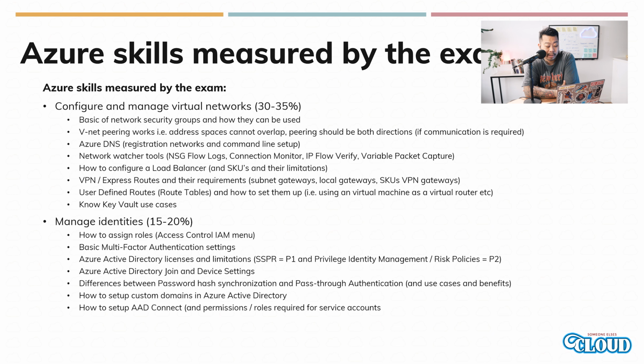And also understand the license requirements around that. SSPR, which is self-service password reset, actually requires a P1 license, and Privileged Identity Management, which is PIM, requires a P2 license. So understand the differences. You might get cost and licensing questions around that.